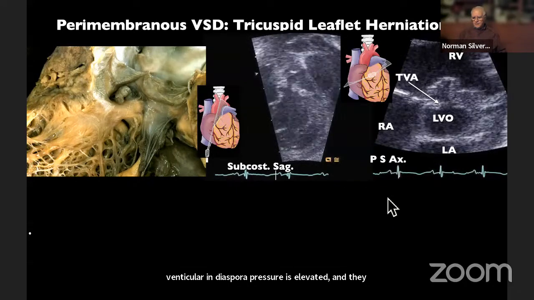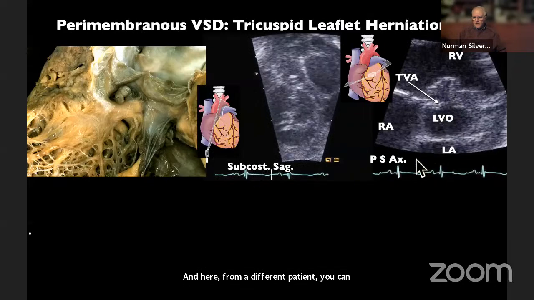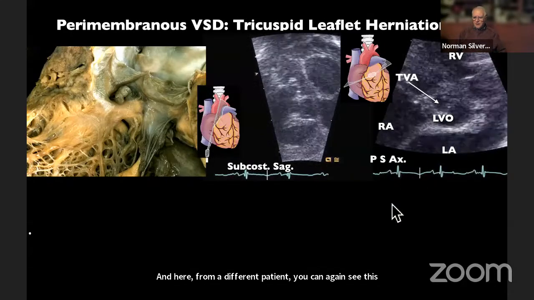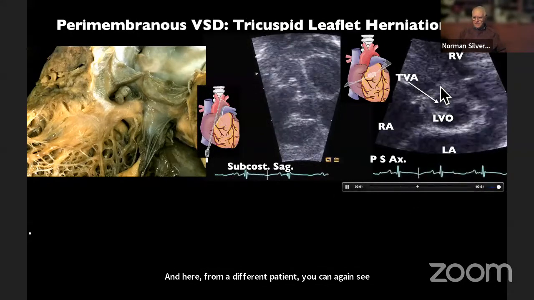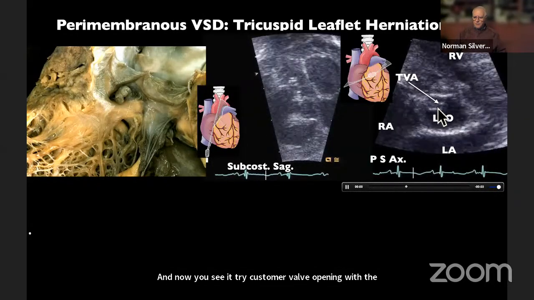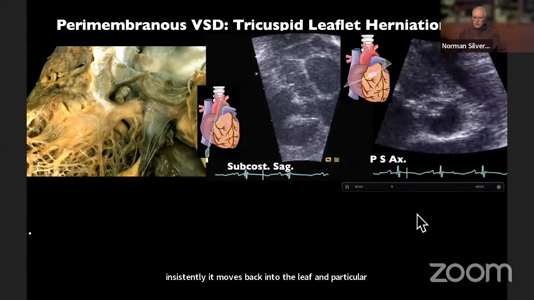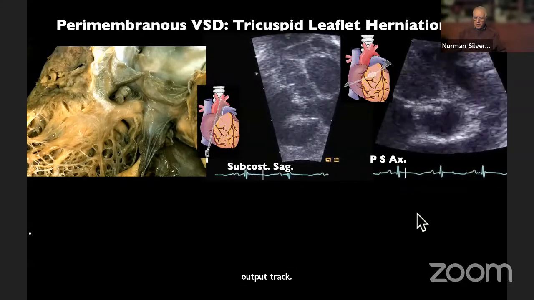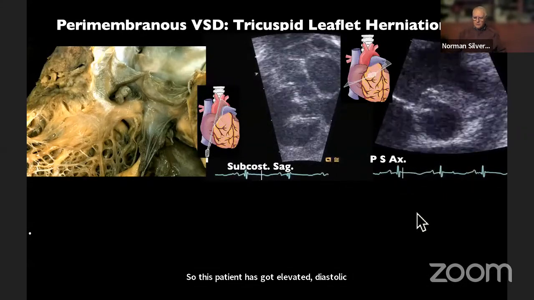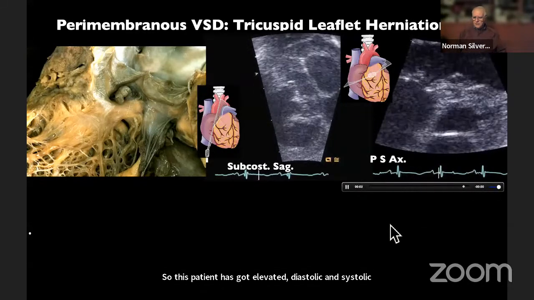And here from a different patient, you can again see this herniation of the tricuspid valve. And now you see it, tricuspid valve opening with the herniation prolapsing in diastole with opening. And in systole, it moves back into the left ventricular outflow tract. So this patient has got elevated diastolic and systolic pressures, as you can see from the position of the VSD.